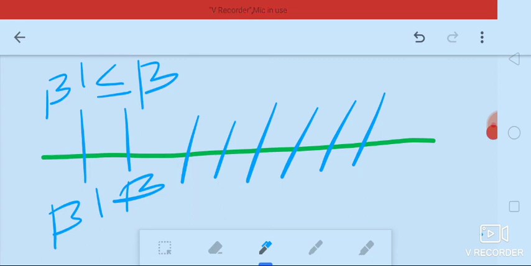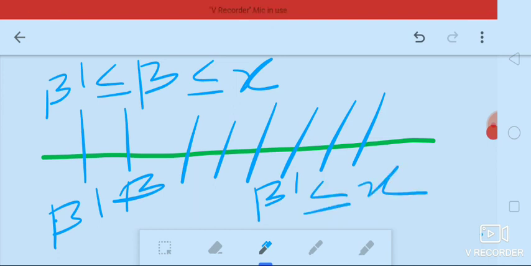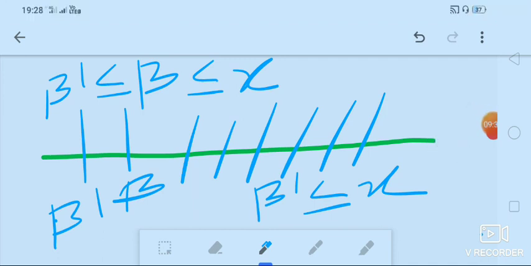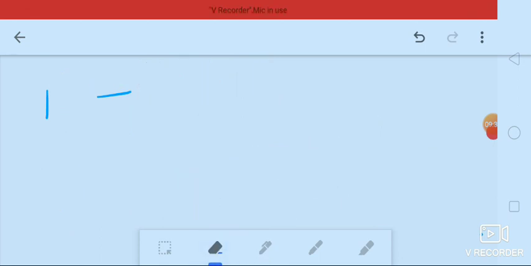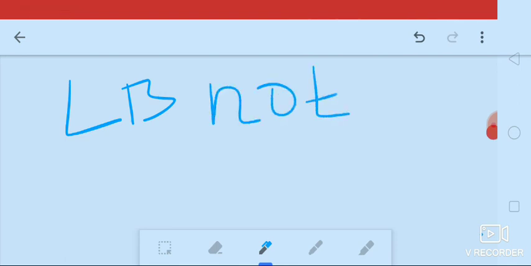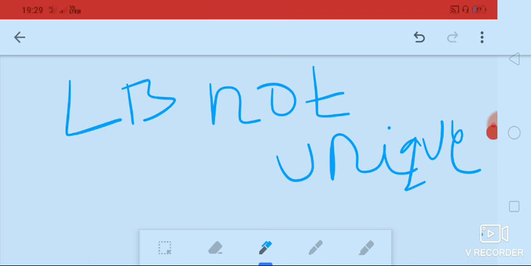Beta dash is less than or equal to beta, so beta dash is also less than or equal to x for every element x of A. From this, the lower bound is also not unique.